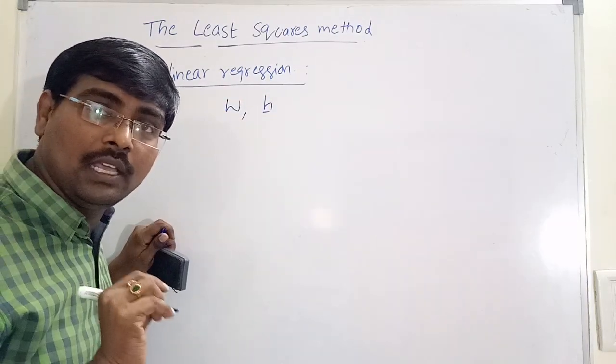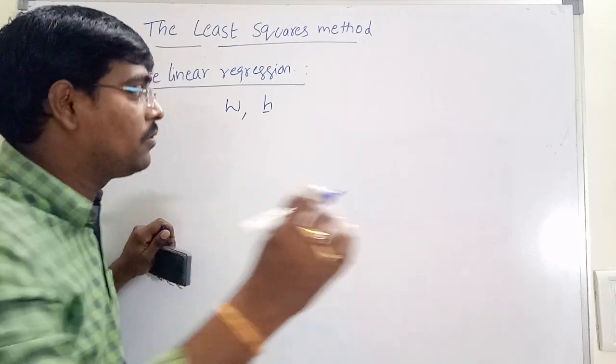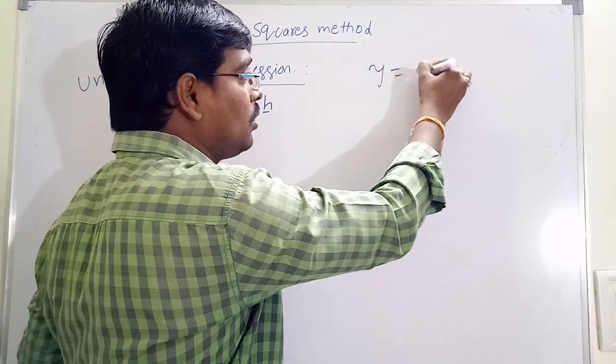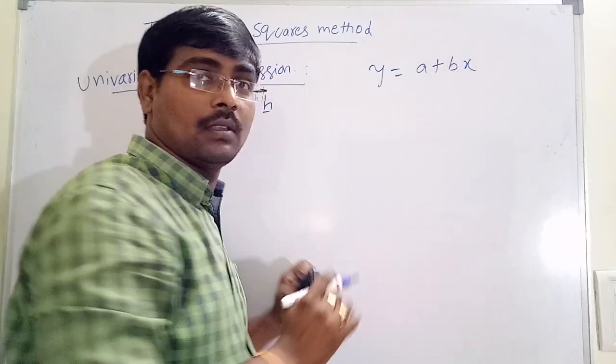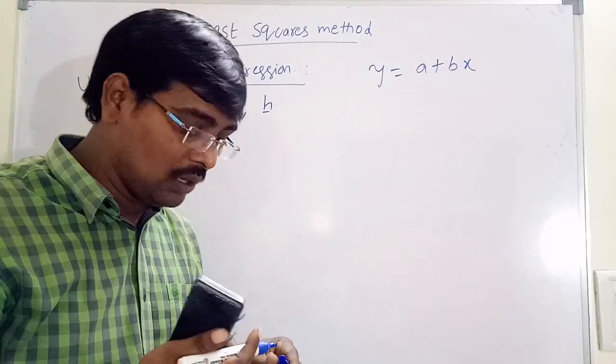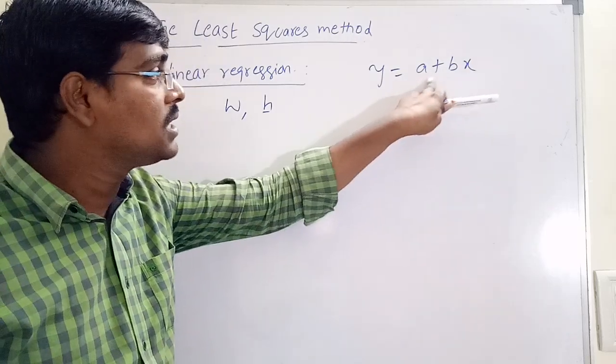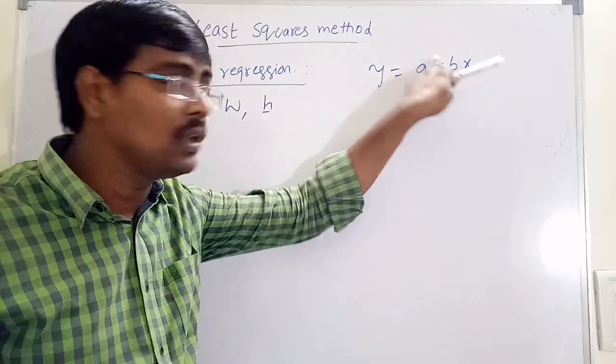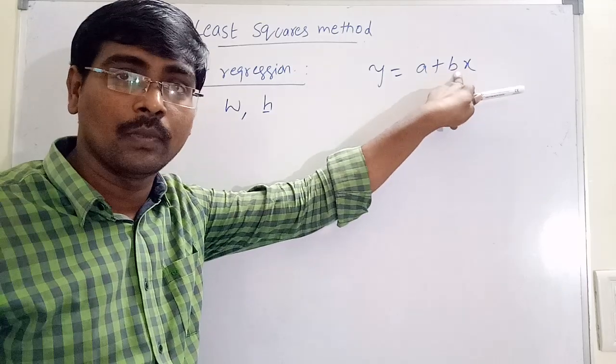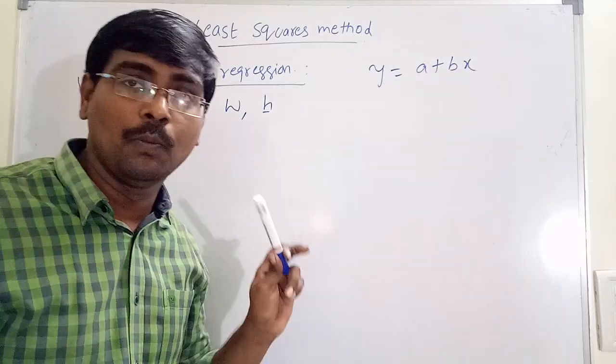We already know the slope intercept equation, Y is equal to A plus Bx. This is the equation of slope intercept. Here A is the intercept, B is the slope, and X and Y are the two points.